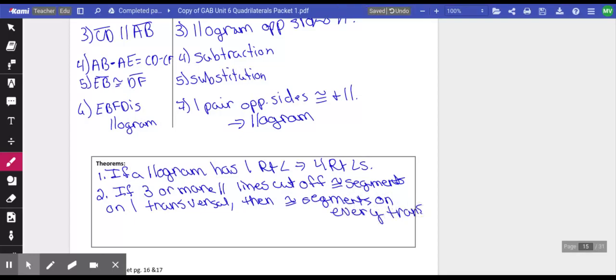So our diagram there is these 3 parallel lines. If it cuts one transversal so that these 2 segments are congruent, every other transversal through those lines will be broken into congruent segments. So that's the end of our video for today. If you have any questions, let me know.